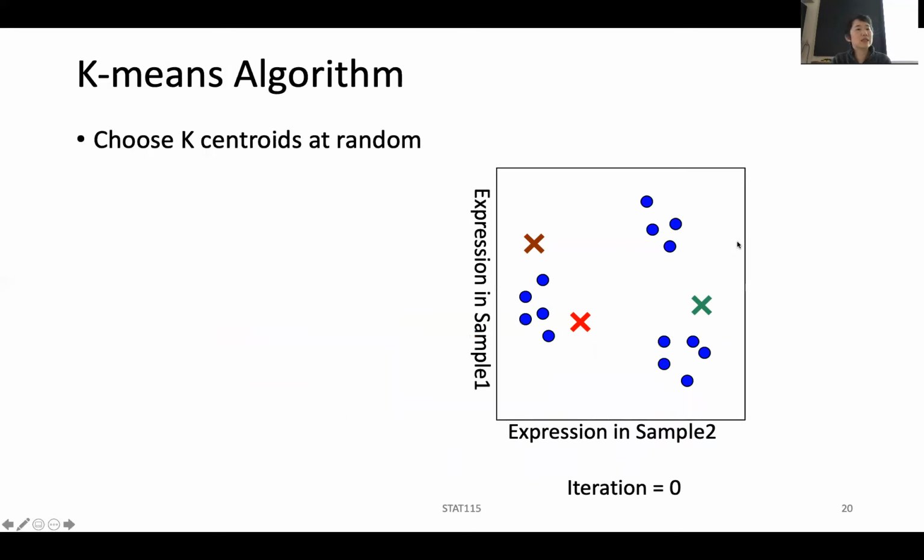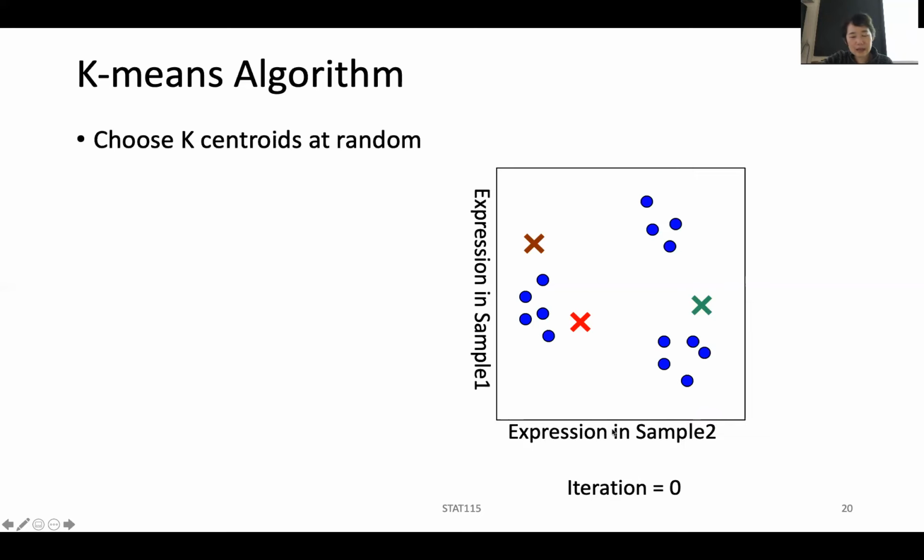Another way to do this is by an algorithm called K-means. So we are showing in here the case when you are looking at the genes. I'm only showing you in a 2-dimension way. In reality, there are 20,000 dimensions, right? Let's just look at 2 dimensions.